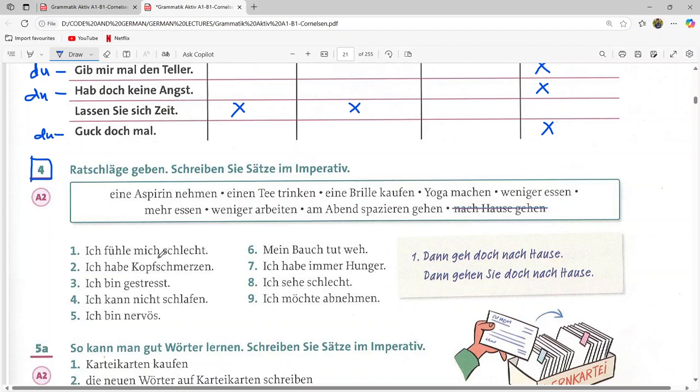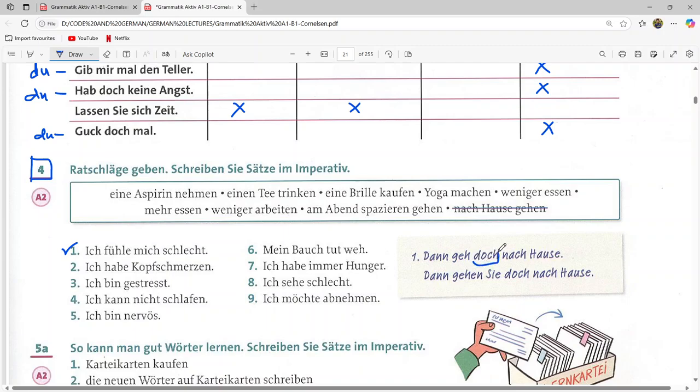Okay, so now if somebody tells this, what do we say to someone? That then go to your house. So first one is ich fühle mich schlecht, and then in reply you can say dann geh doch nach Hause. Okay, then go home.